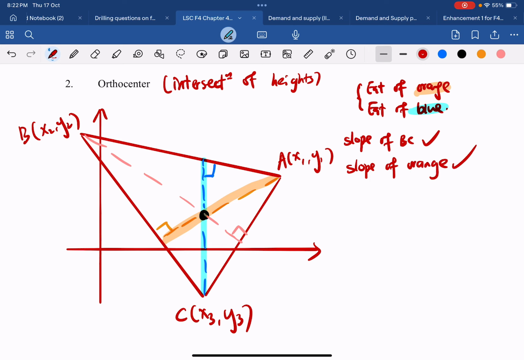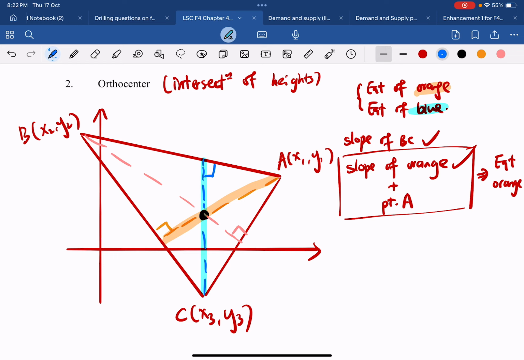So we have the slope of the orange line, and we also have the coordinates of A, so we can use point-slope form to get the equation of the orange line. Got it? Then just repeat the process for the blue line.